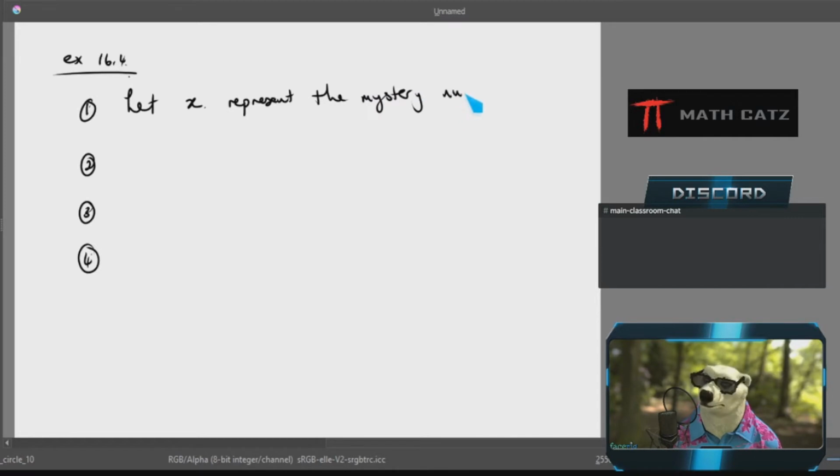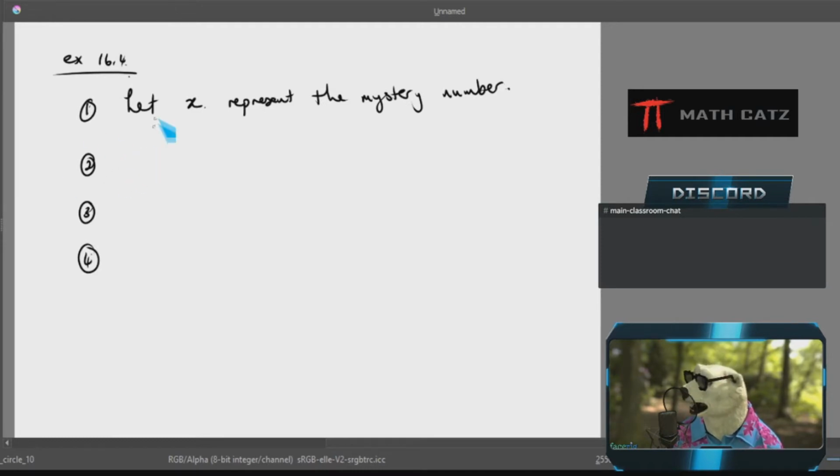So for step 1, you need to have a full sentence that links the mathematical language and the English language. Full sentence, so that there's no doubt anyone who reads this understands what your variable means.